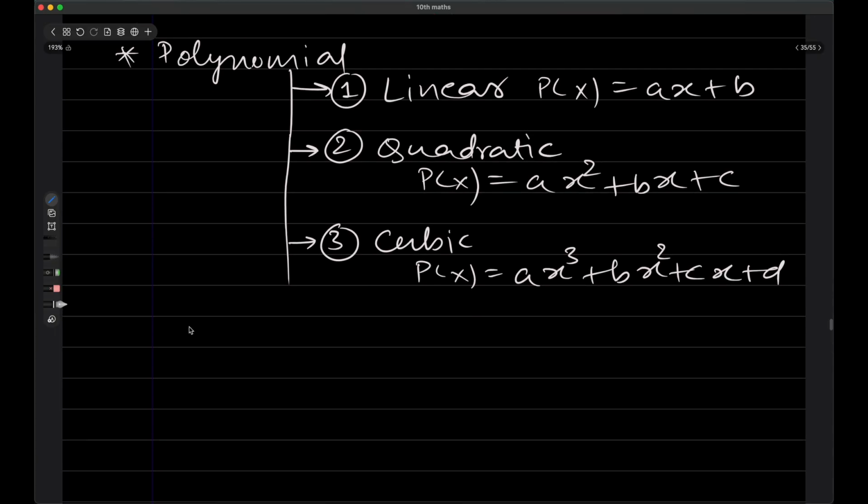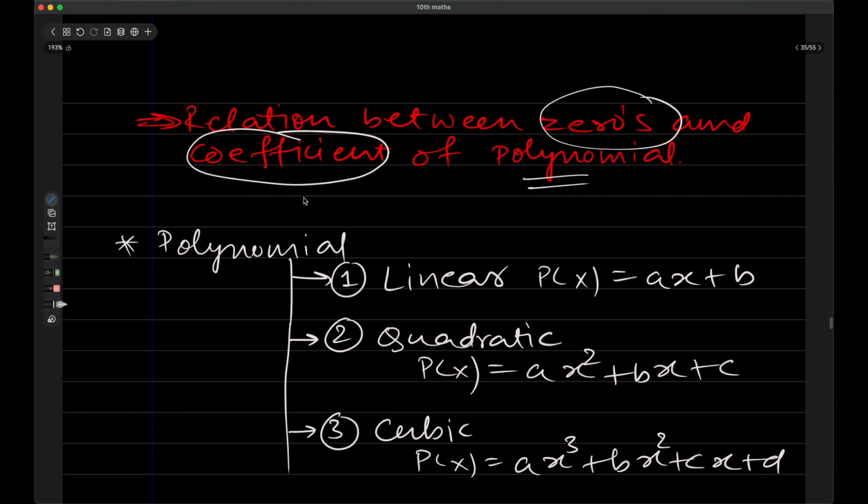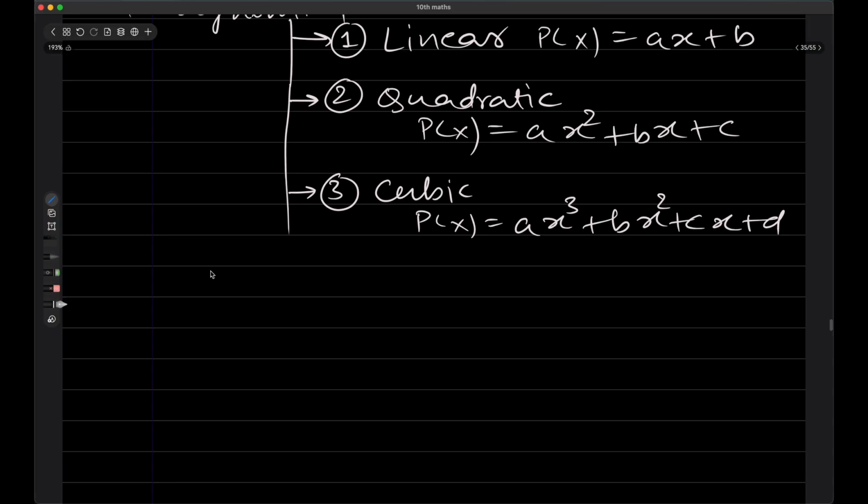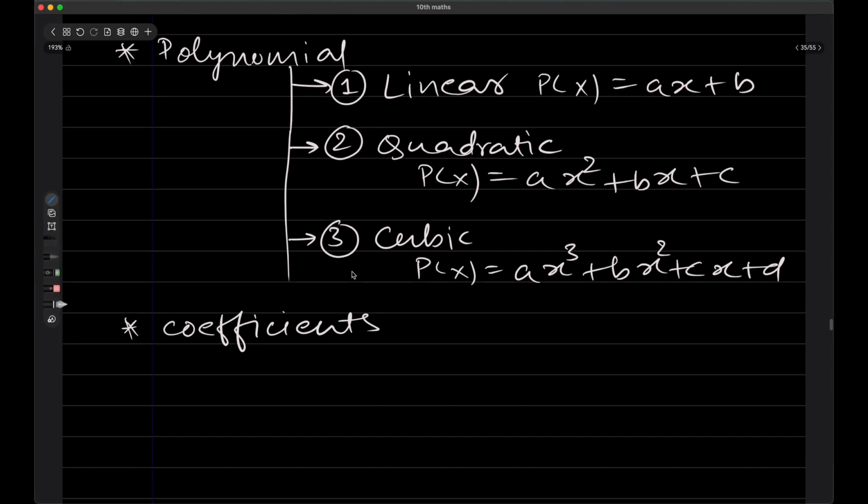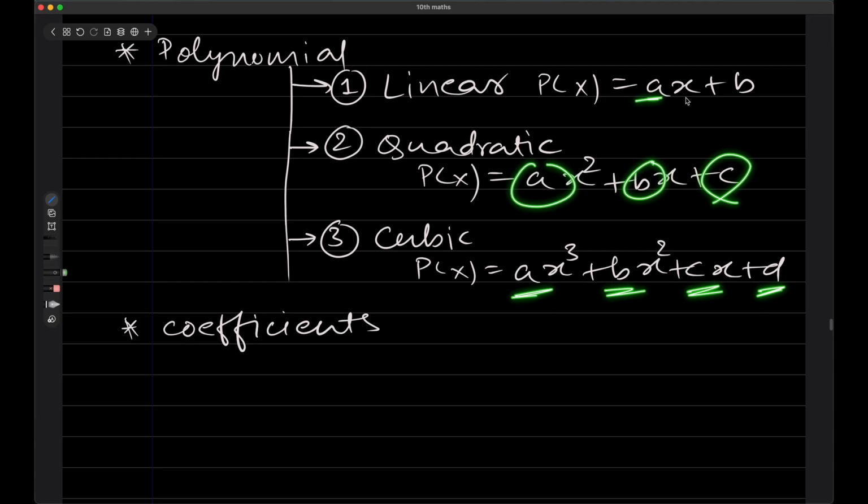And the coefficients are the a, b, c and d in each polynomial.